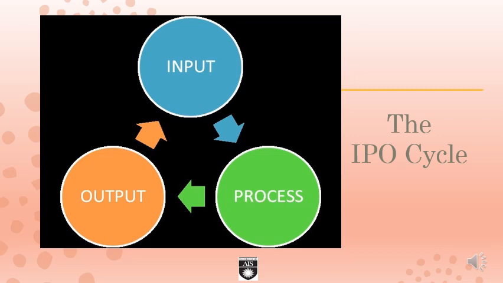The CPU is composed of two main parts. They are ALU, the arithmetic and logic unit, and CU, the control unit. We have one more important part in the CPU, which is the memory unit, which is used to store the processed information in the CPU.